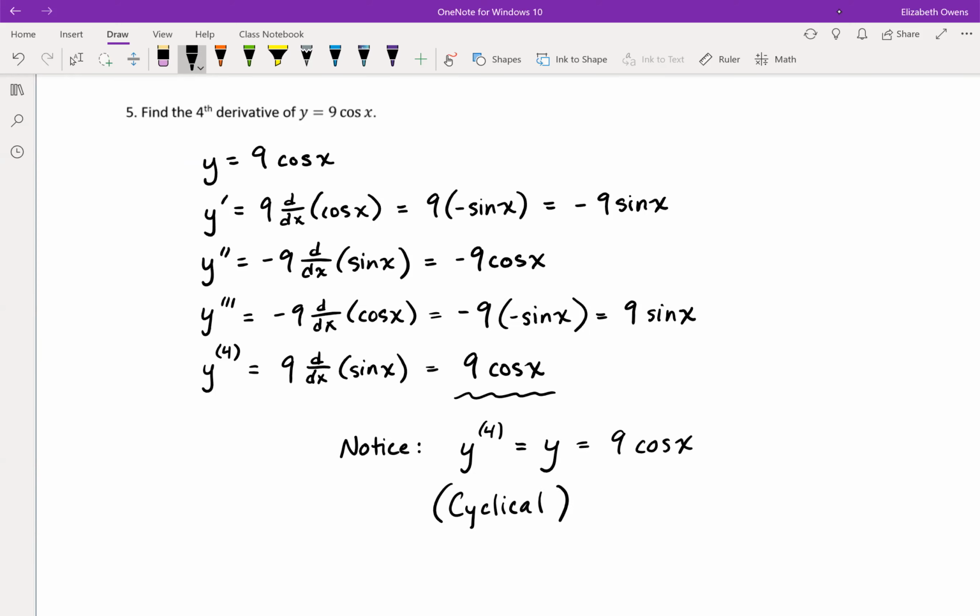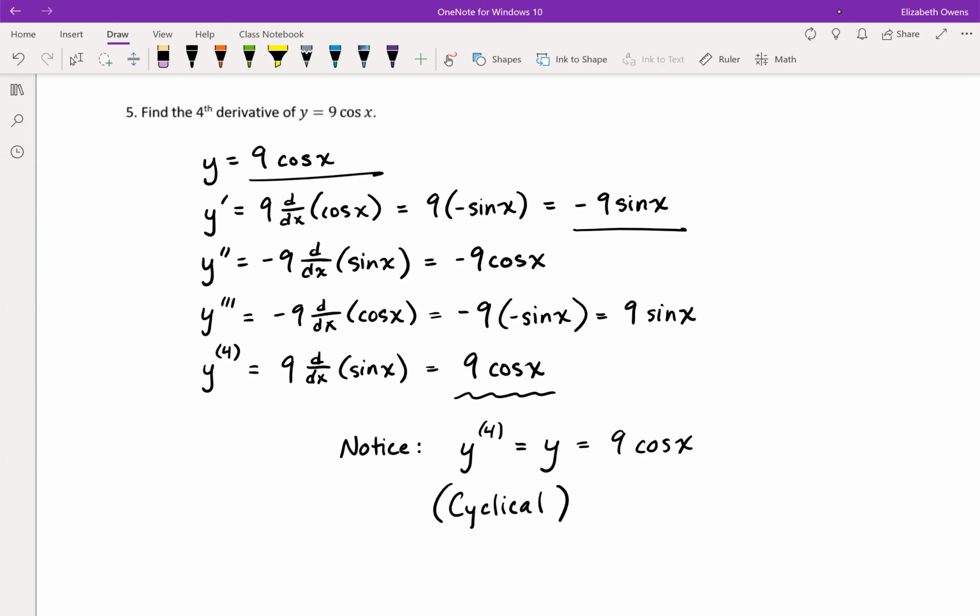And if you needed to find some really high derivative of a fairly simple sine or cosine type of function like this, you could actually break down that cyclical pattern to help you find, say, the 52nd derivative of this function, because it's just going to keep repeating and cycling through these 4 things over and over again. 9 cosine x, negative 9 sine x, negative 9 cosine x, 9 sine x, and then you're back to where you started.